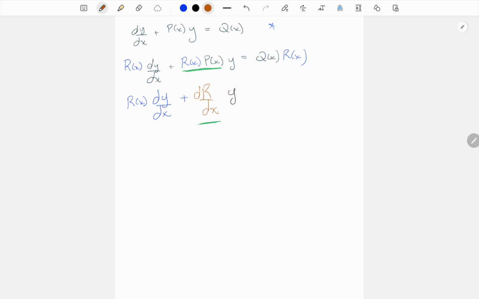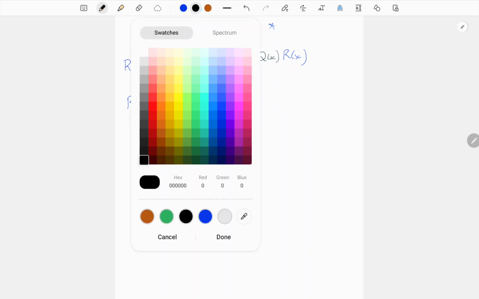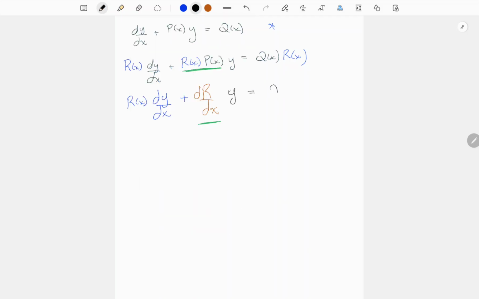So if we could force r of x times p of x to be equal to dr/dx, then let me put back the r of x.